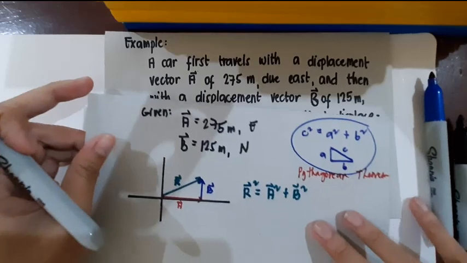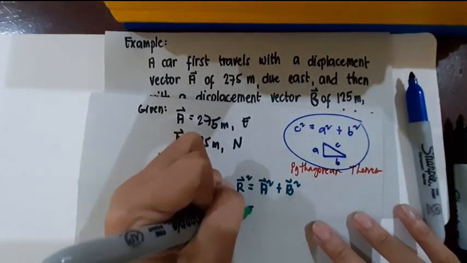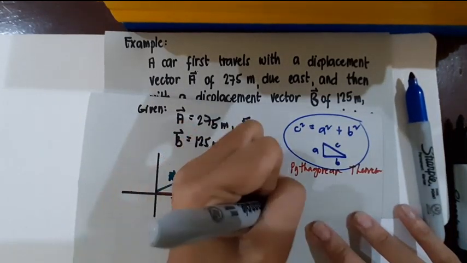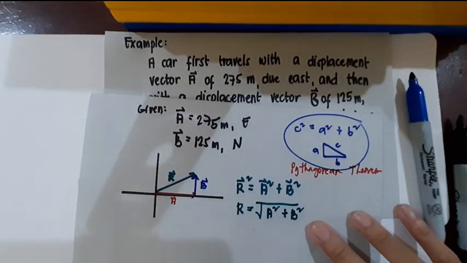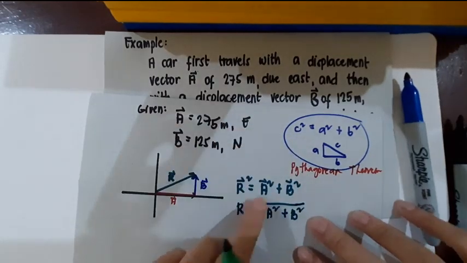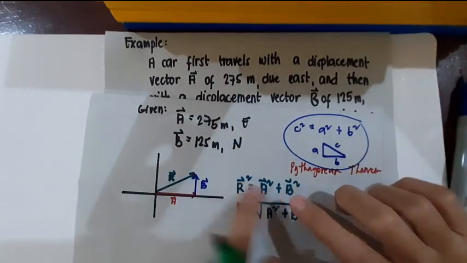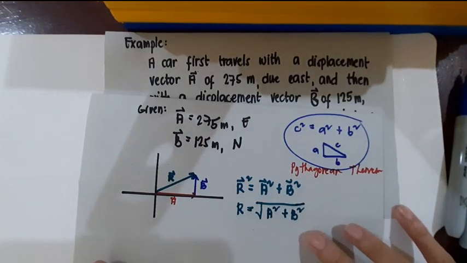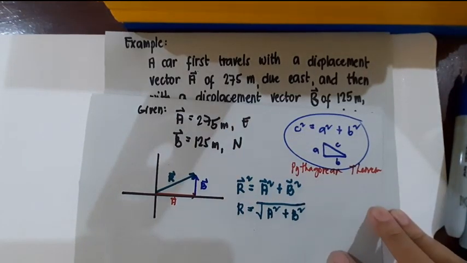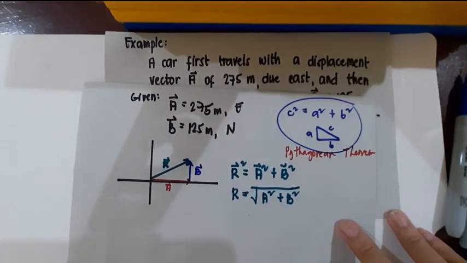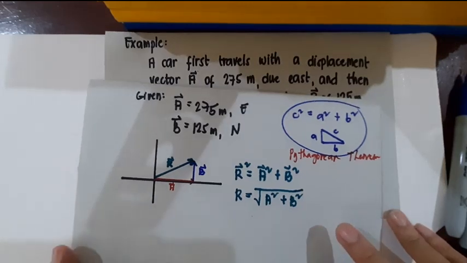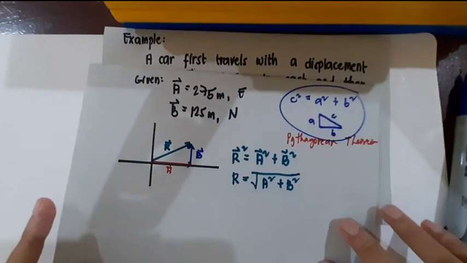So R is the square root of A squared plus B squared. In this case, I removed the arrow on top of the letters because they are scalar quantities now, no longer vector quantities, since we will deal with the numbers.